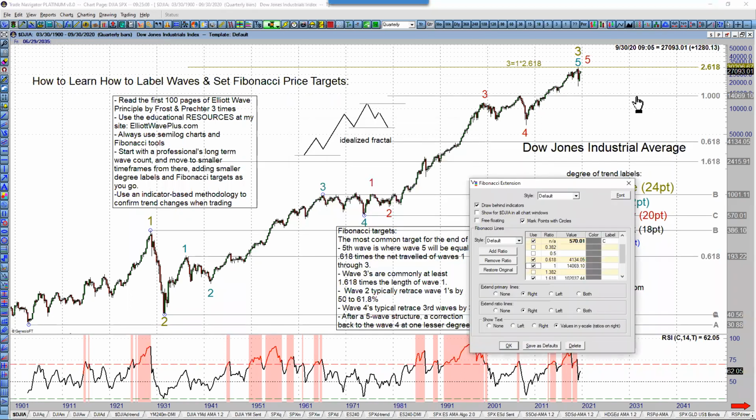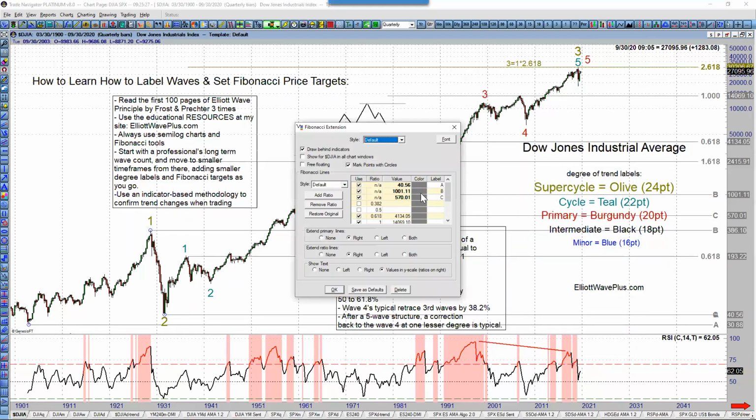So that's where it would be equal, and it really kind of overshot. So I'm going to leave that, let's see, cycle degree, that would be cycle degree or teal. The closest target we have on that would be the equality target, where wave 5 would be equal to the net traveled of 1 through 3. I'm going to put these in teal.